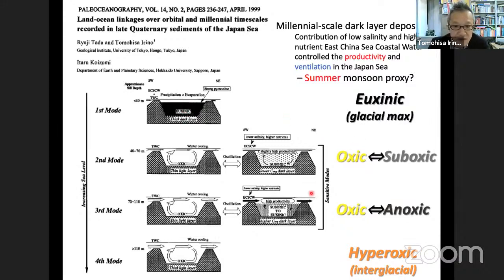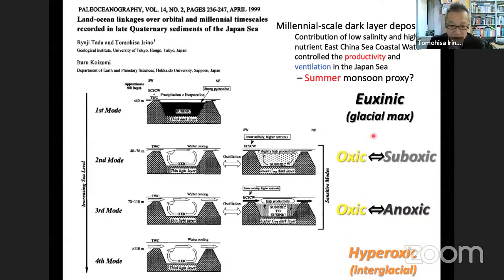In between, at the middle sea level periods, the Yangtze discharge, or the nutrient supply to the Japan Sea surface, makes high productivity and a less ventilated situation during the interstadial, or low productivity and more ventilated stadial condition, and these conditions change frequently on the millennial scale.